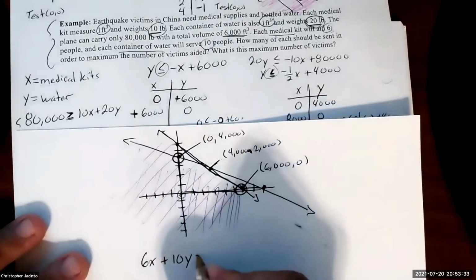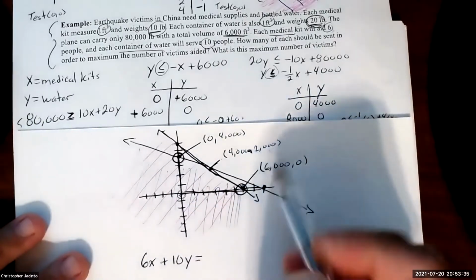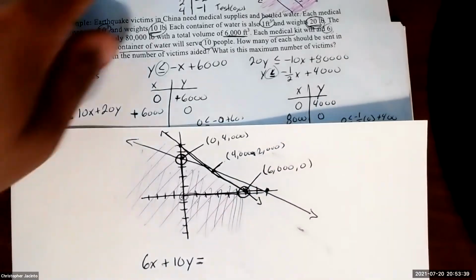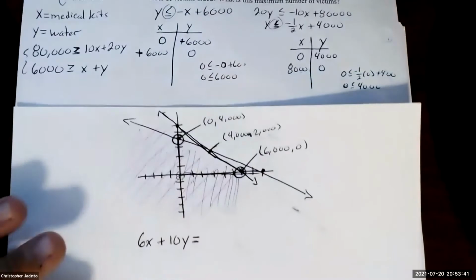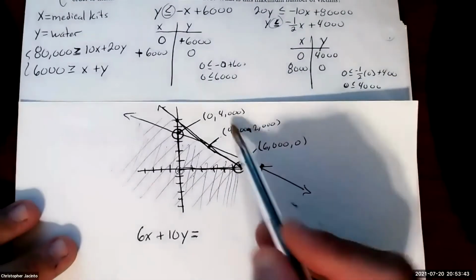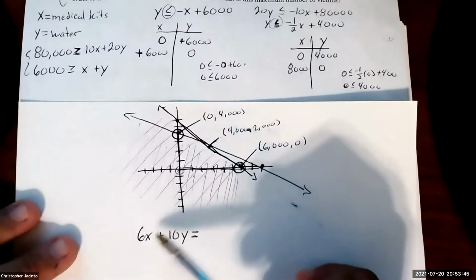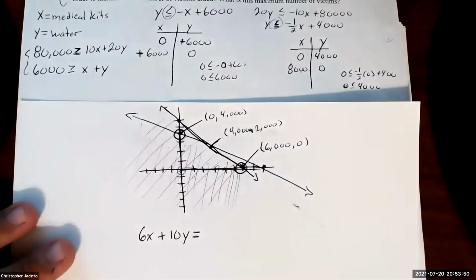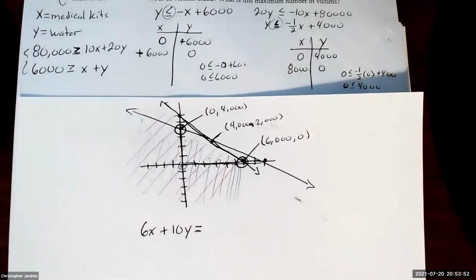So now the question is, which one of these 3 points gives you the biggest number? I'll leave it up to you guys to do this for the last extra credit for today. So out of these 3 points, when you plug them in, 0 for x, 4,000, and so forth respectively, which one of these 3 gives you the highest number possible? Go for it.